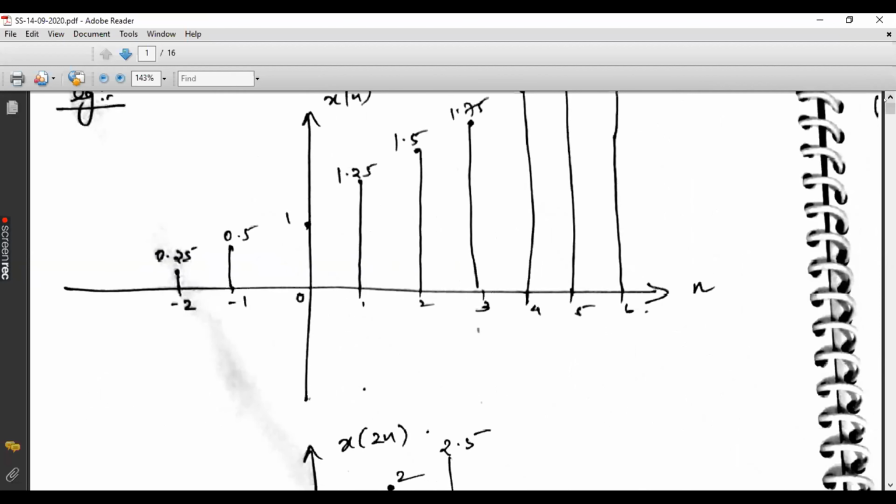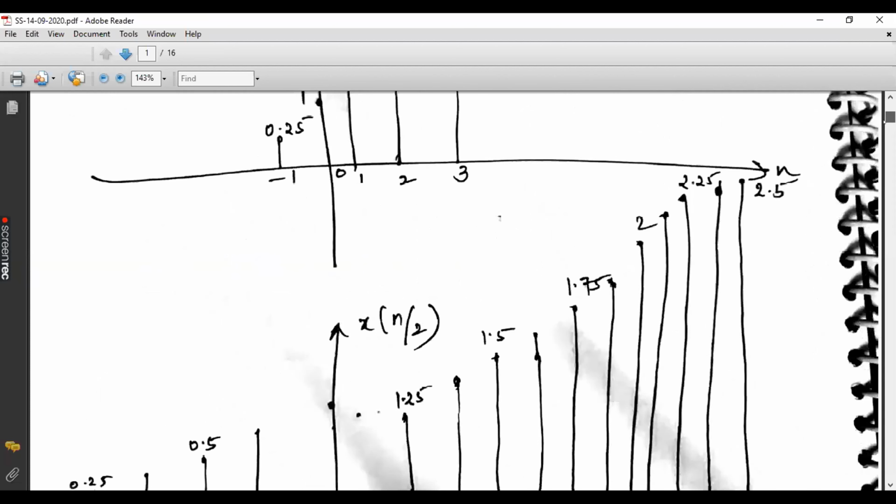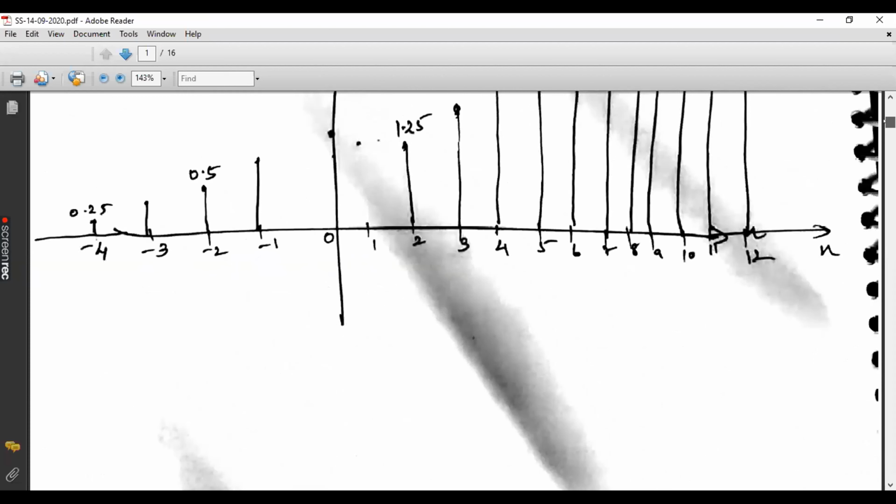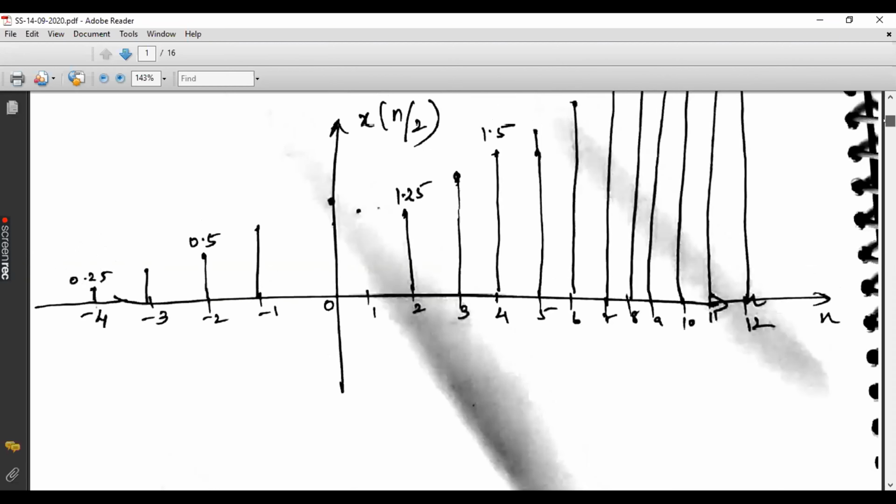That is, you are doubling the x-axis. So the same thing you are going to plot from -4 to 12. In between, we are adding a few samples, because if you see -4 and -2, in between you are having -3. You can include some samples in between, but it is not necessary that you should show the values here.